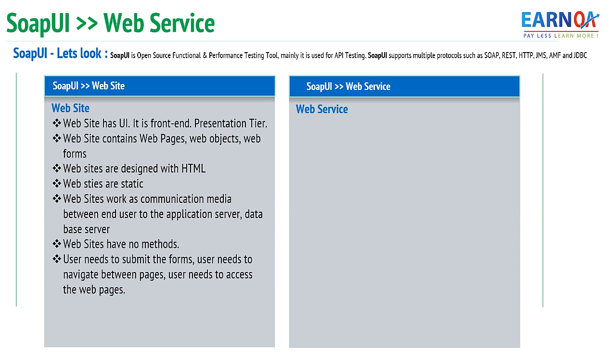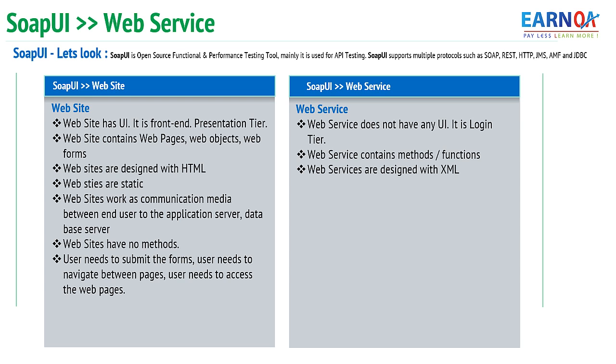When we talk about a web service, it does not have any UI, and it is the logical tier. It is business oriented. It is business driven. A web service contains methods and functions, and web services are designed with XML.